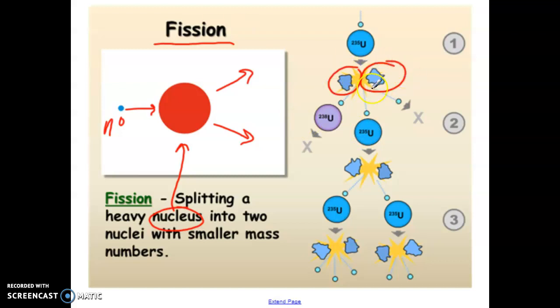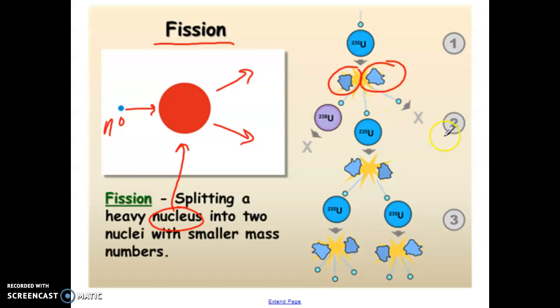But when the splitting of that atom happens, it's actually the ricochet effect that matters to us here. When this splits, it causes little neutrons to fly off from that one bigger nucleus. Those can now cause a chain reaction.